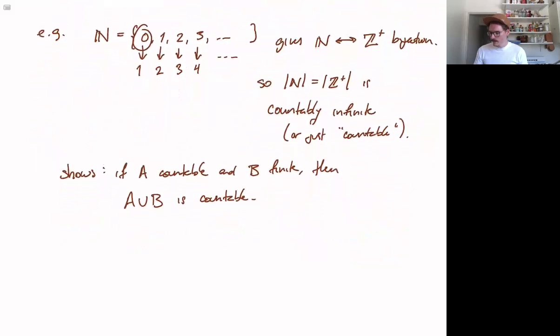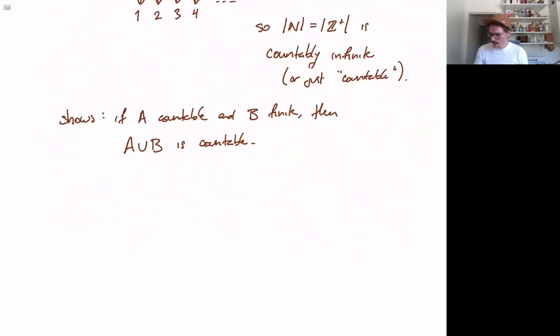All right, so let's have another example. How about the full integers? Now, the natural numbers were easier because the positive integers are sort of infinite in one direction as you increase in number, and the natural numbers are sort of infinite in one direction as well.